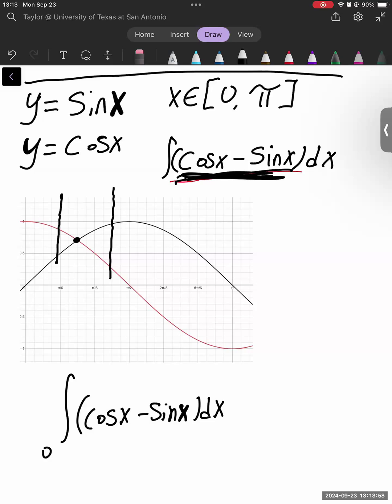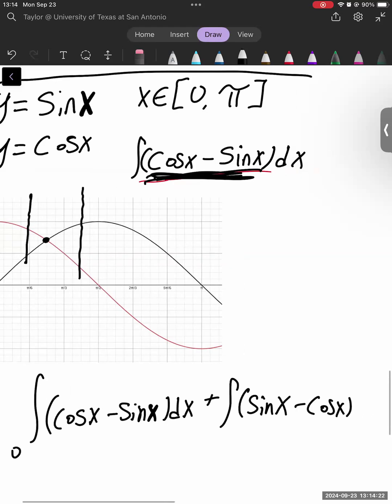You were correct, Luis, that the next part of the integral is going to be sine minus cosine. But is this plus or is it minus? It will be plus. Nice. Plus the integral of sine of x minus cosine of x dx. And then this would be pi.